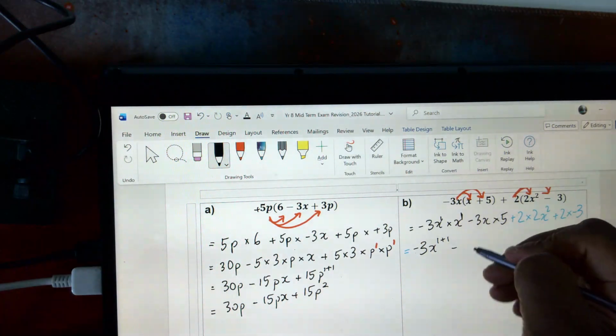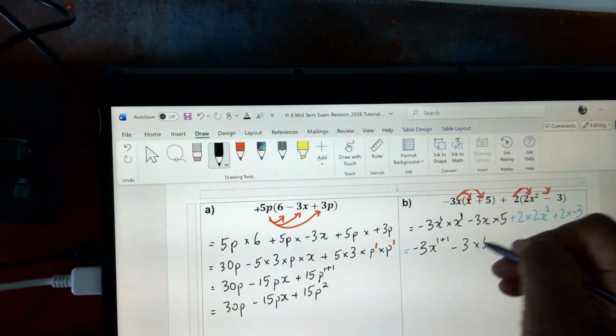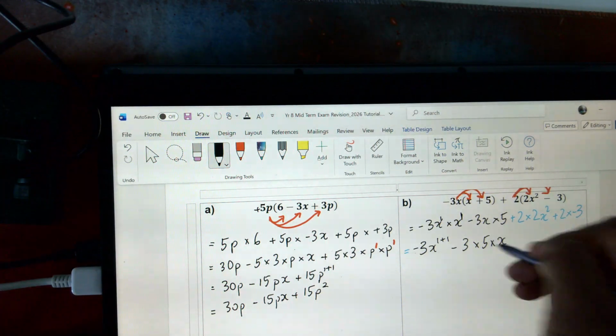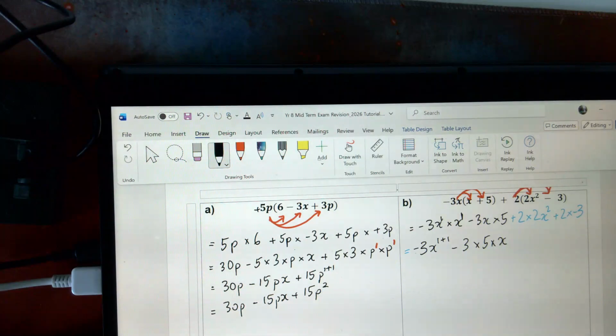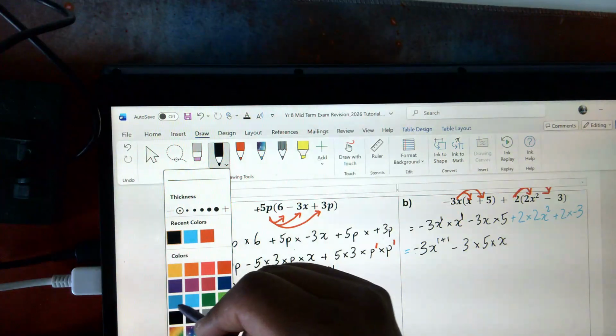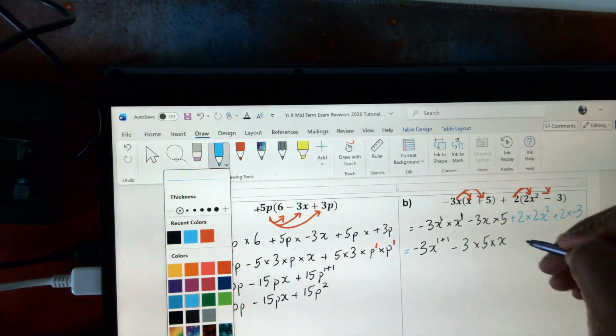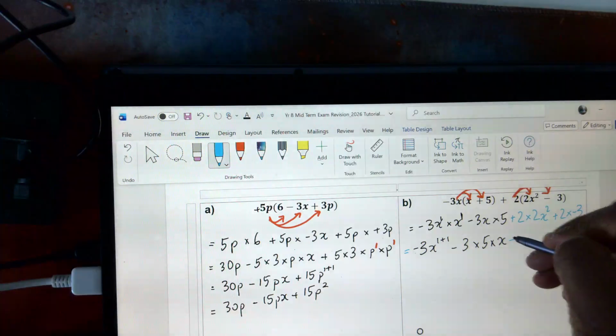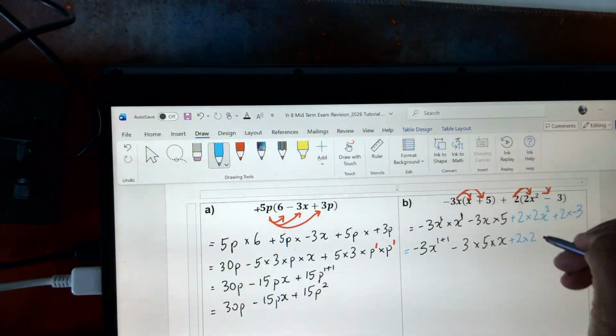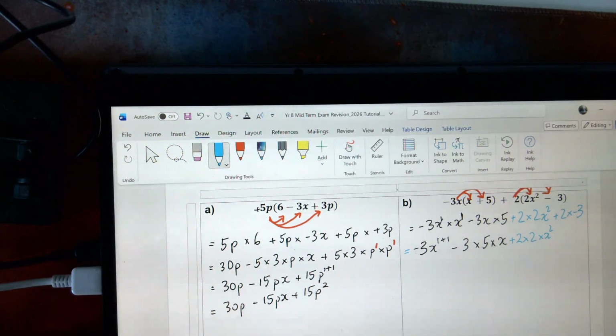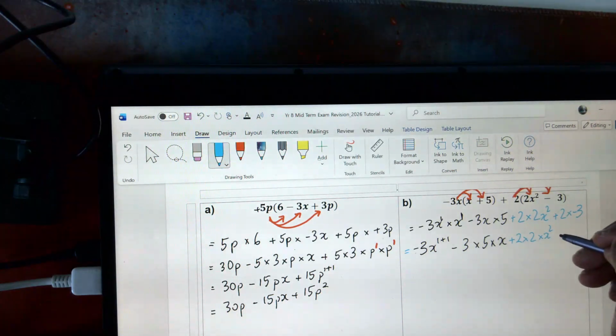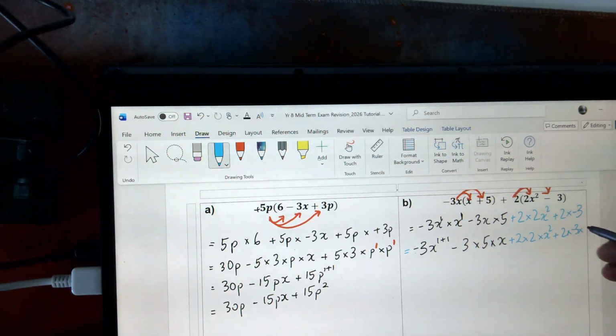Here I've got negative 3 times 5 times x. And then our blue side, we've got positive 2 times 2 times x squared plus 2 times negative 3 times x.